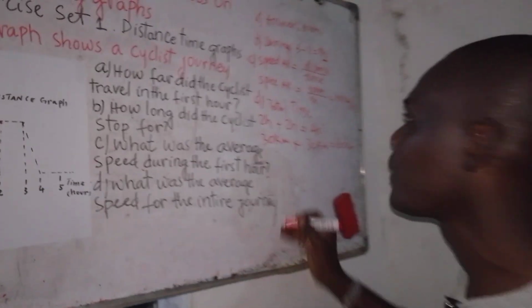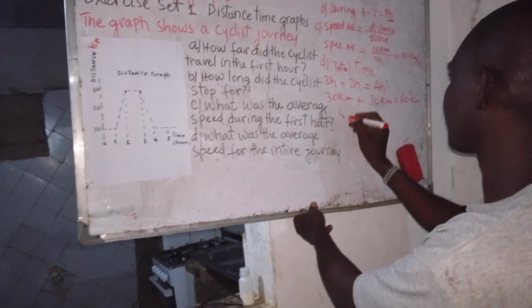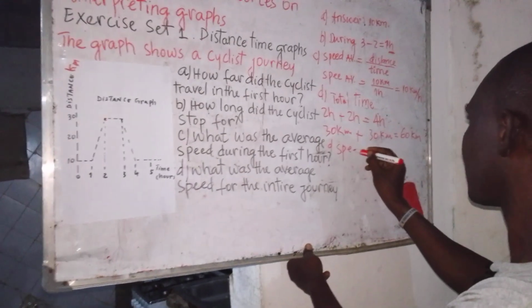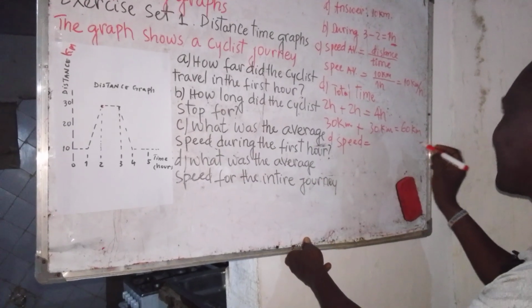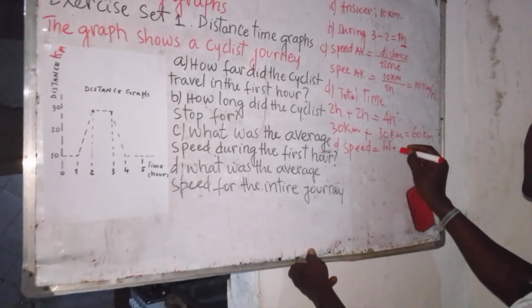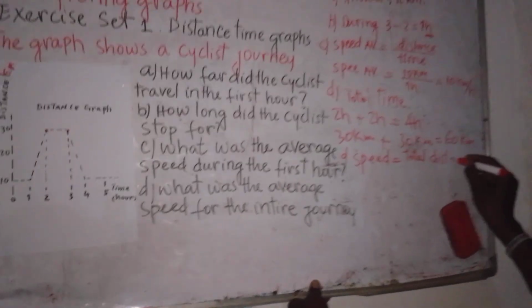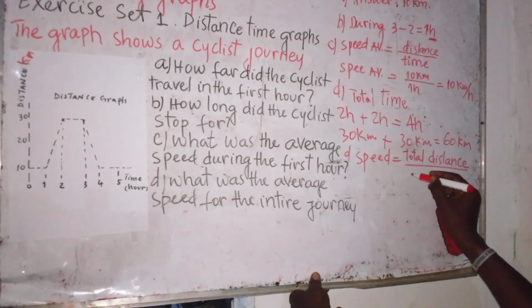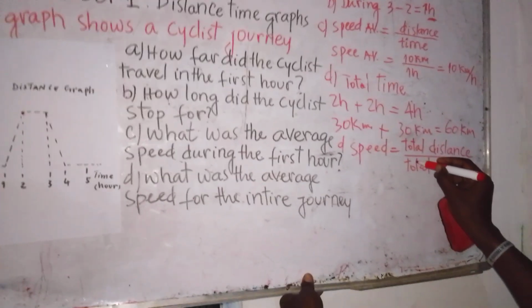Then the average speed on line D is equal to total distance over total time.